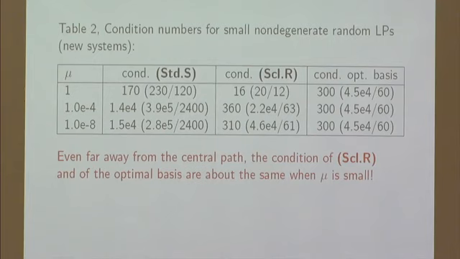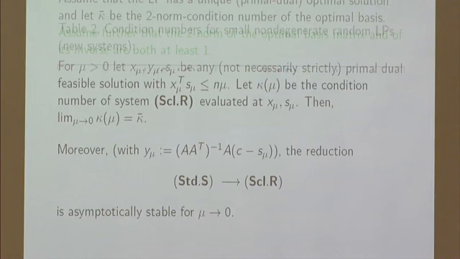And for some reason, when we look at the condition number of the optimal basis, they seem to be fairly close to each other. Here there was just a rounding effect. This was 304 and this 305 or so. So the conjecture was maybe in the limit those two could be the same, and then you can make this a theorem.